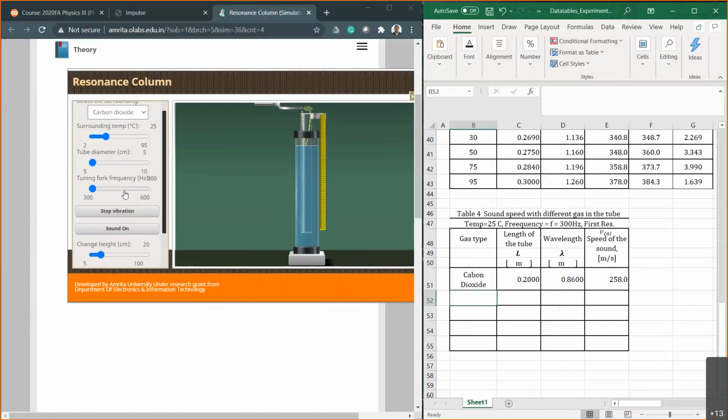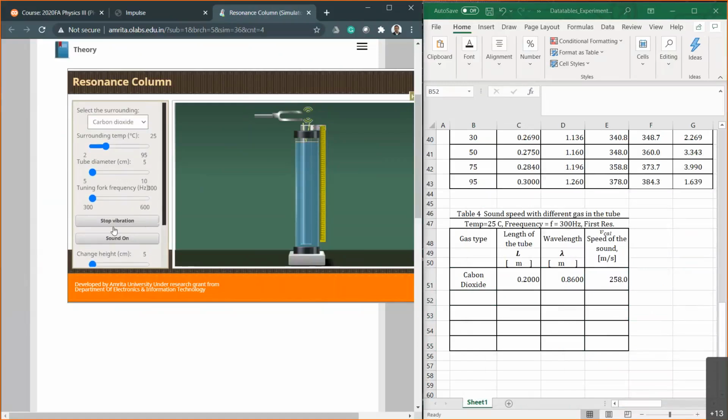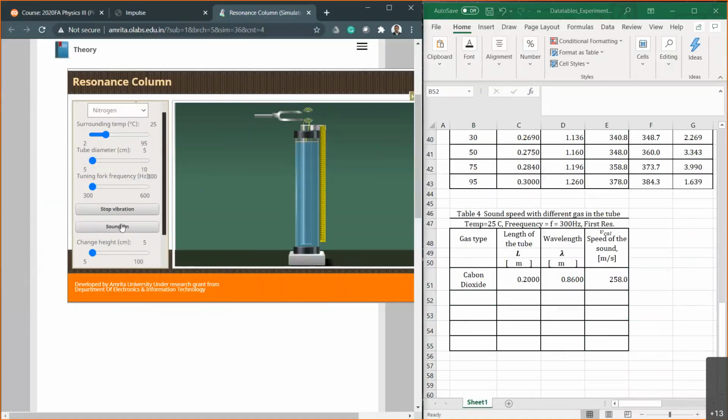All right, then let's continue. It's a very simple calculation, nothing much to do there. We're just observing that behavior, right? So all we have to do is change that into nitrogen. Let's do the same, sound on. Maybe 27.4.